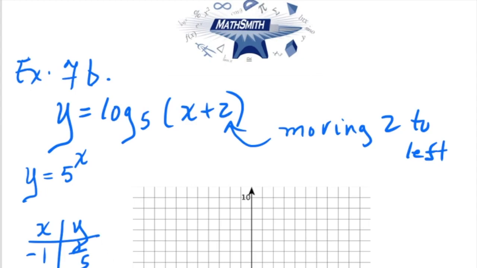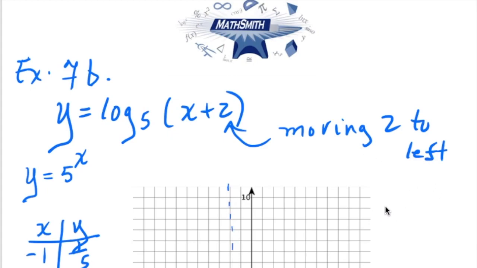So I go 2 over, and I have to remember I'm at 1/5, so I'm over here, and this goes 2 over, and this goes 2 over. And so the function's doing something like that, going down. Now I have a little vertical asymptote going over here.